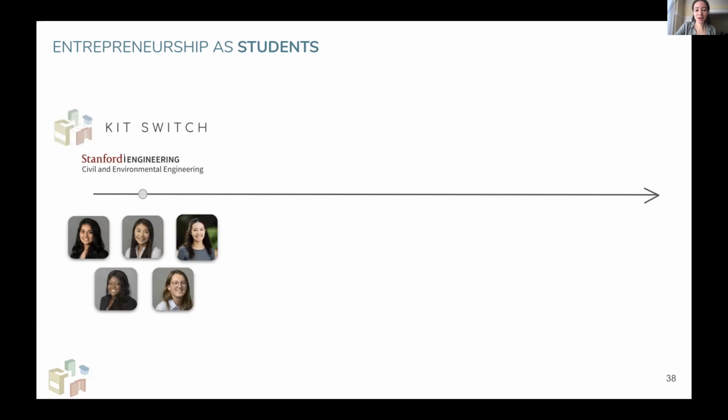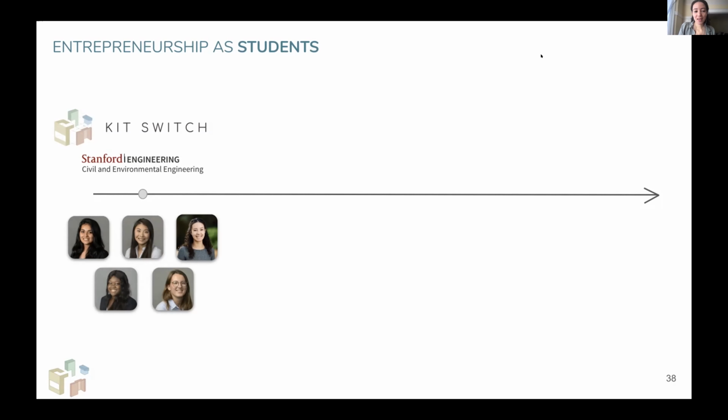We got to know each other as friends in the same graduate program, and we found through different projects, different events, that we really enjoyed working together as a team. The academic environment enabled us to meet around shared values of sustainable housing justice, and we had opportunities to develop our teamwork before KidSwitch.